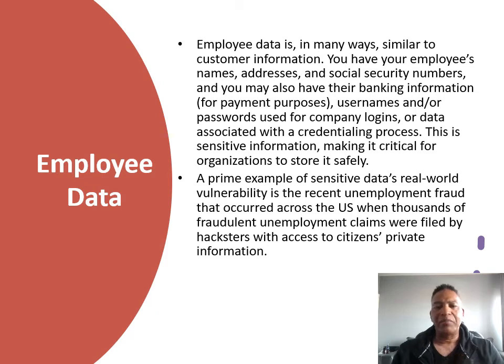A prime example of sensitive data and real world vulnerability is the recent unemployment fraud that we've seen across the United States. So, what happens is if someone has all of that information, they can file for unemployment benefits and have a check in your name sent to them. And so they've assumed your identity and they are now collecting your benefits.